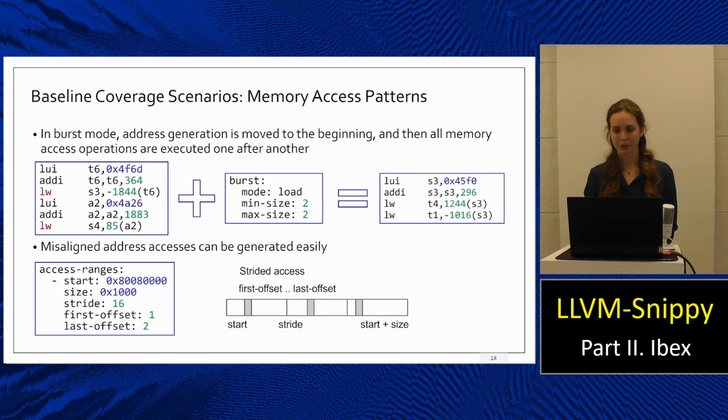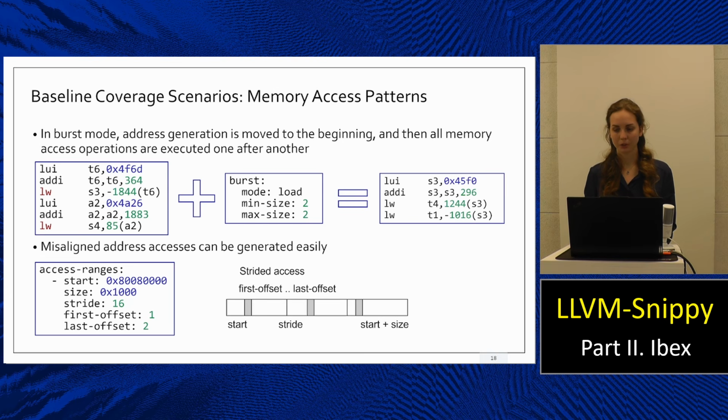For this, LLVM-snippy has burst mode. Address preparation is hoisted up and then load store operations are performed back to back as a burst. This stresses the memory subsystem much better. Addresses can also be controlled through access ranges: range, stride, and offset.